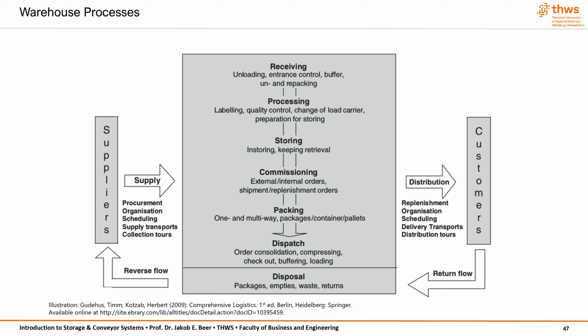And we'll explore technologies that automate or support these processes, from barcode scanning to conveyor systems to warehouse management systems. Understanding the structure shown on this slide and the logic behind the process flow is therefore not just theoretical. It's foundational knowledge for anyone involved in warehouse engineering, warehouse operations, or supply chain management.